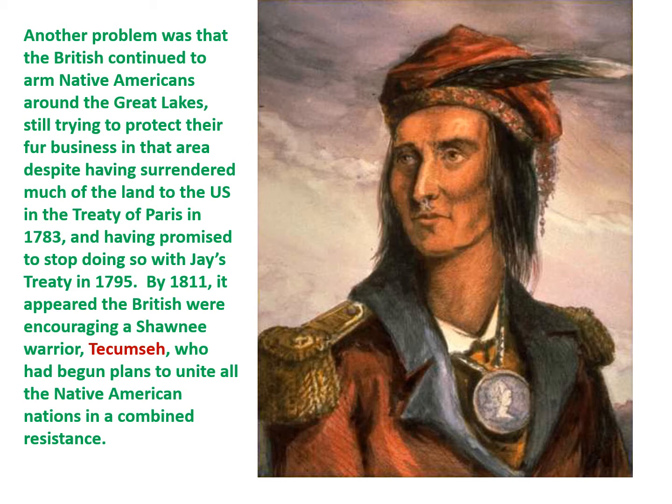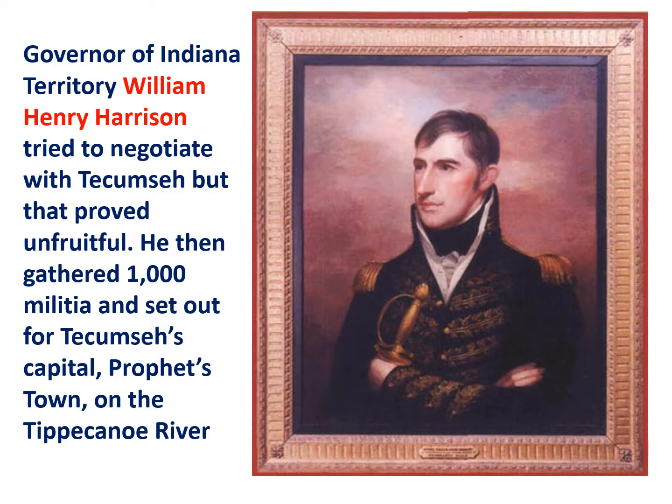By 1811, it appeared that the British were encouraging a Shawnee warrior, Tecumseh, who had begun plans to unite all the Native American nations in the area in a combined resistance against the United States. The governor of the Indiana Territory then, a man named William Henry Harrison, tried to negotiate with Tecumseh, and he pronounced Tecumseh, quote, "one of those uncommon geniuses who springs up occasionally to produce revolutions and overturn the established order of things," unquote.